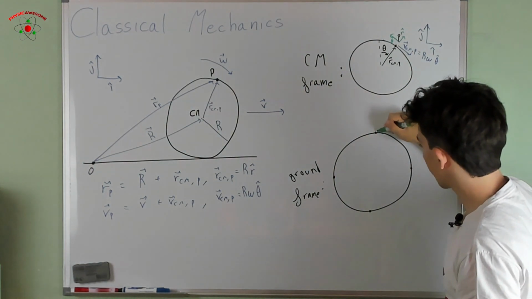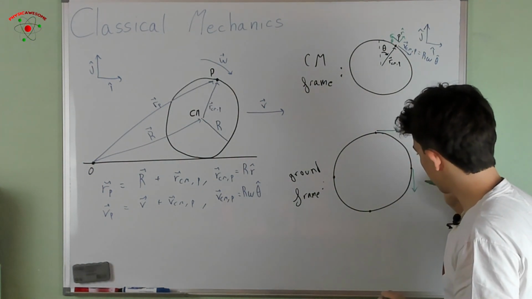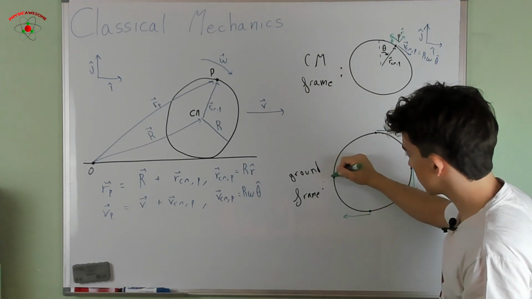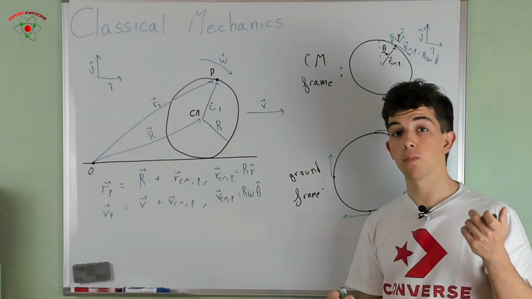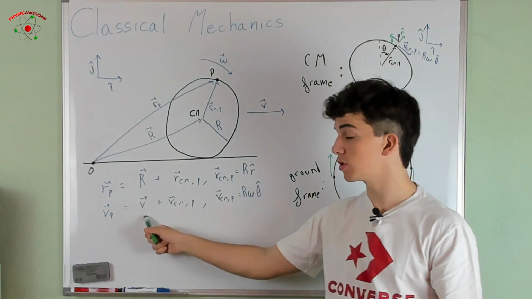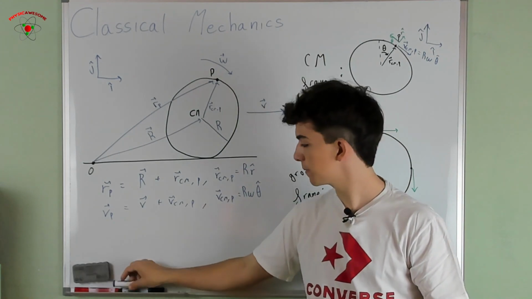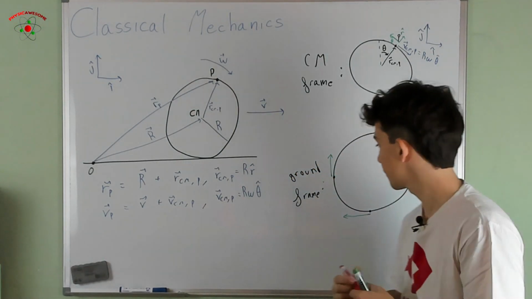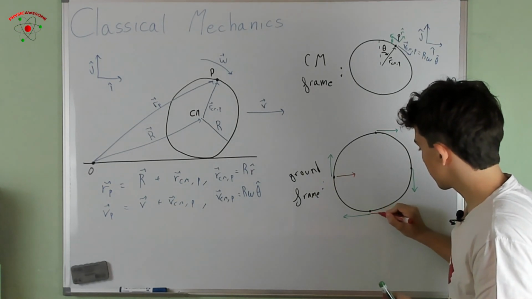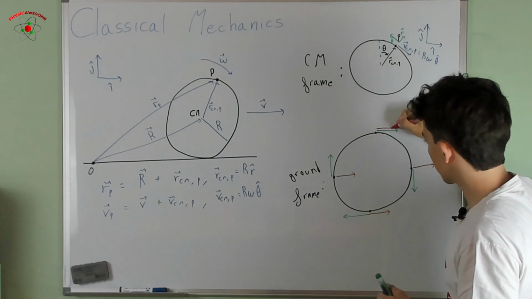So we'll have this velocity, this velocity, this velocity, and this velocity. Moreover, at every point, we're also going to have this constant velocity that is going to be added. So we would have, noted in red, this velocity, this velocity, this velocity, and this velocity.